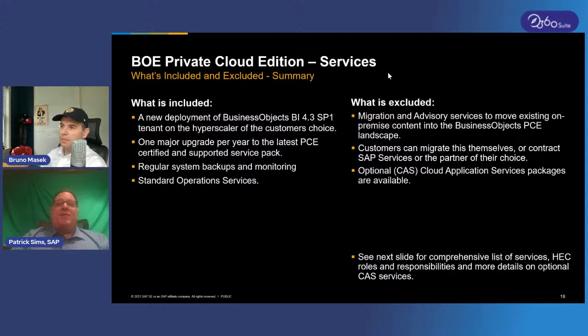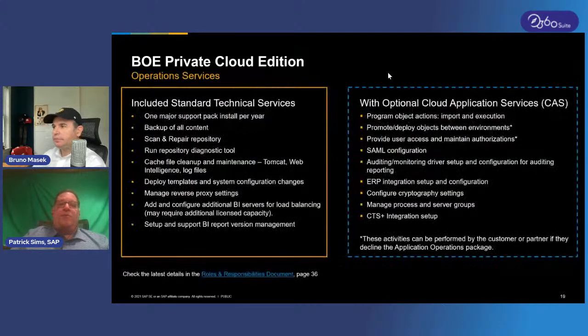And then we also have some other cloud application service packages which are available, and those are laid out here. So in the gold box, we have what's included from a standard perspective, right? So it's things we just talked about, including scanning and repairing of your repository, running the diagnostic tools for the repository, cache file and cleanup on things like your Tomcat, your Webby, your log files, reverse proxy settings, all that good stuff. But then we have additional services to do things like auditing, right?